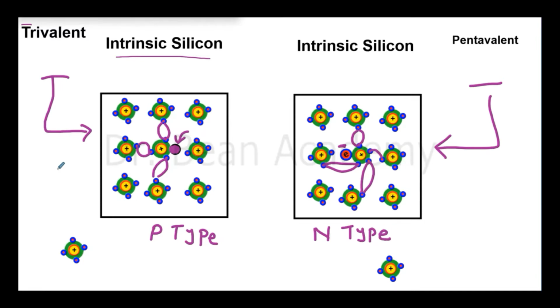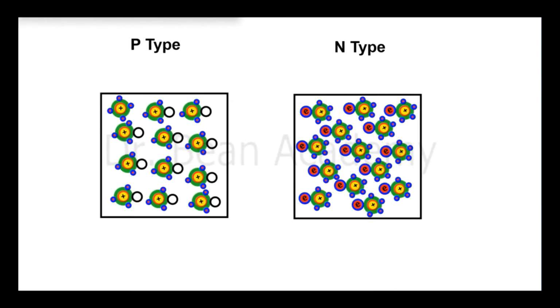So now if I replace many silicon atoms with the pentavalent and on the left side with trivalent, I get P-type and N-type materials, and they will look something like that. When I dope an intrinsic silicon with trivalent, I will get so many holes.